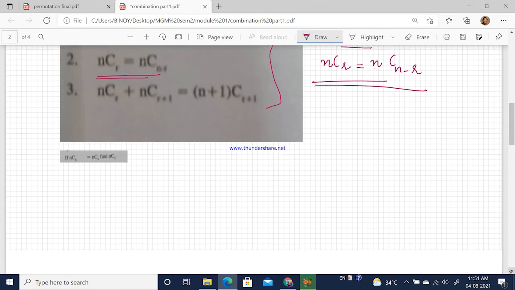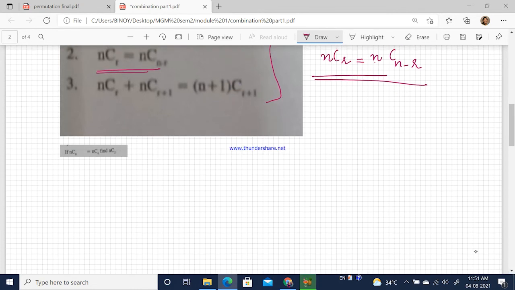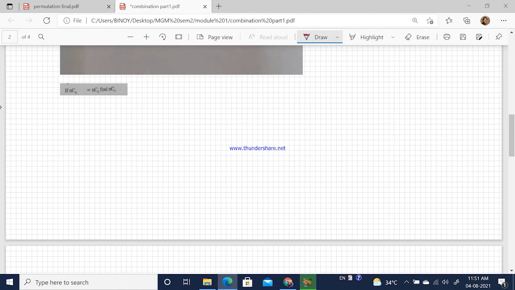They might ask you some questions like that. So you can see in this question it says that if nC8 is equal to nC6, then you have to find what is nC2. In order to find nC2, we need to find what is n. We were given an expression nC8, which is nothing but nCr.